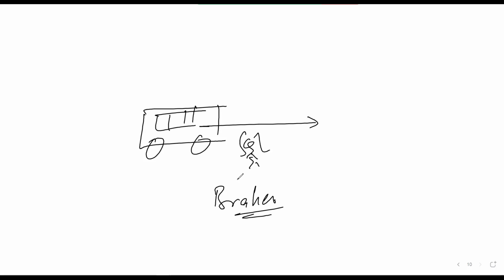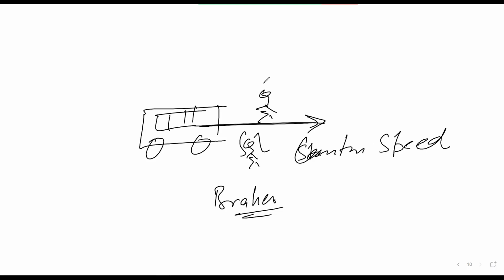No, technically, if she is in the bus, that means she's also moving at the same speed. Okay. Now, just listen to what I'm saying and try to think. जो बस चल रही है, that is moving at a constant speed. बढ़िया constant speed पे चल रही है. तो she will be in the same position. Are we clear?